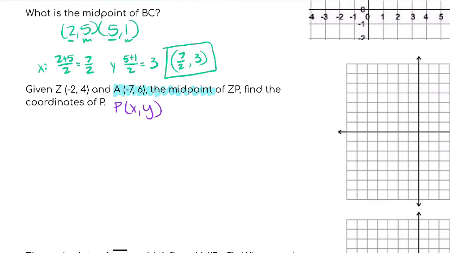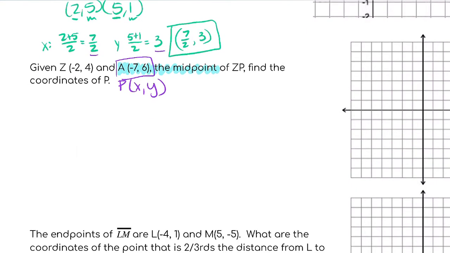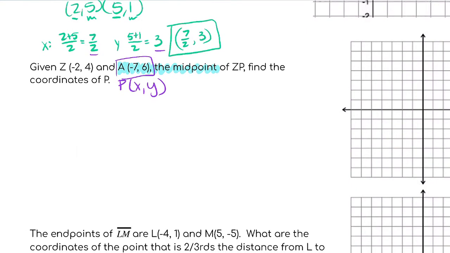So if we want to solve this algebraically, A is the midpoint. A is the answer we got when we did midpoint in the problem above. So we're going to have to go backwards and think of what we would do to find the midpoint and write an equation. When we find the midpoint, we take the 2 endpoint values, we add and divide by 2.